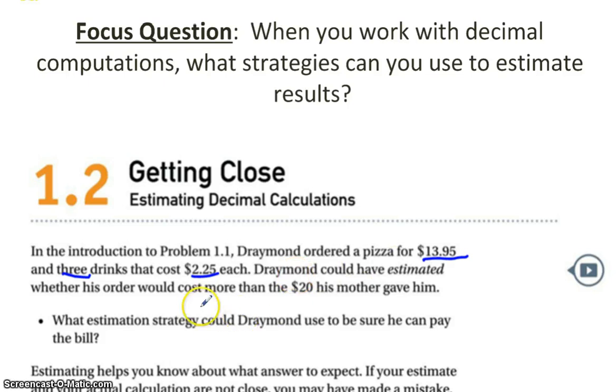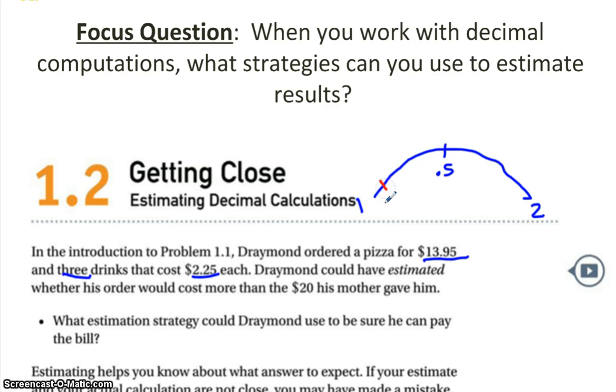So he could have estimated whether his cost was going to be $20 or more. And how we do this is, when we estimate by rounding, I want you to think of a hill. And we're going to use the numbers 1 and 2. So 1 is over here, 2 is over here, and then there would be 0.5 in the middle.